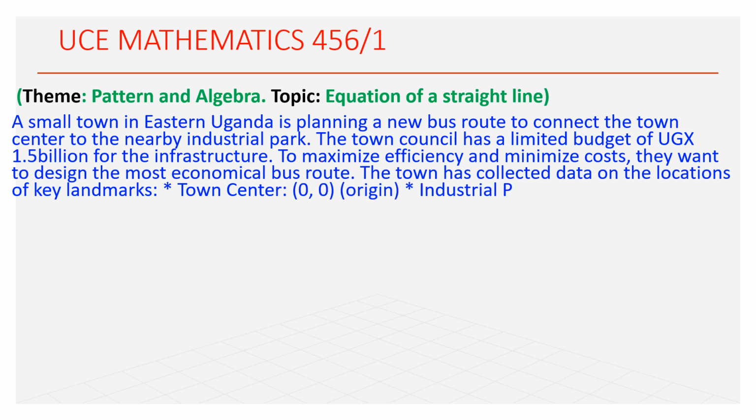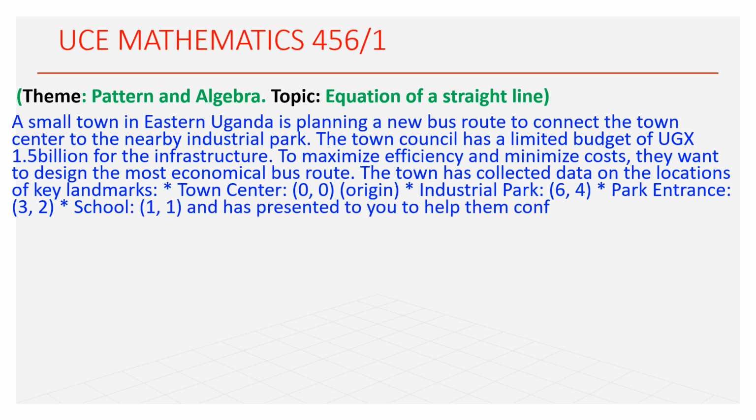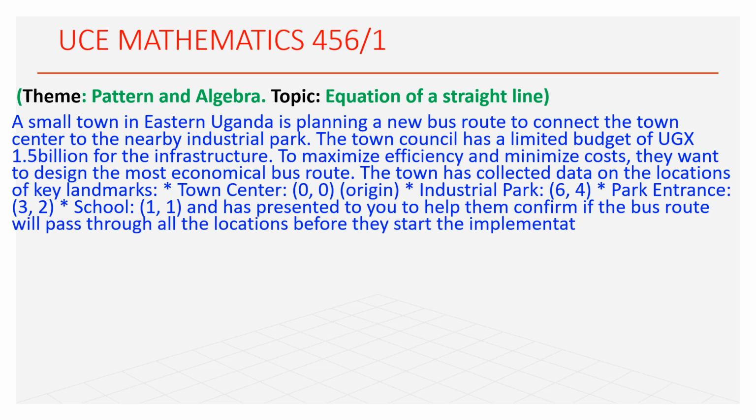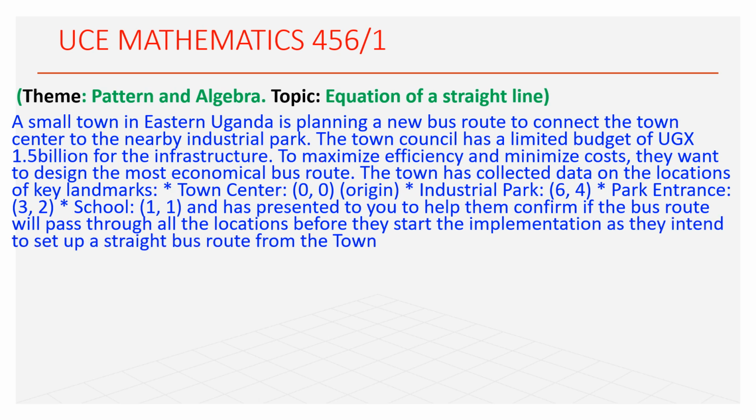The town has collected data on the locations of key landmarks, that is the town center at (0,0) origin, industrial park (6,4), the park entrance (3,2), and then the school (1,1), and has presented to you to help them confirm if the bus route will pass through all the locations before they start the implementation, as they intend to set up a straight bus route from the town center.